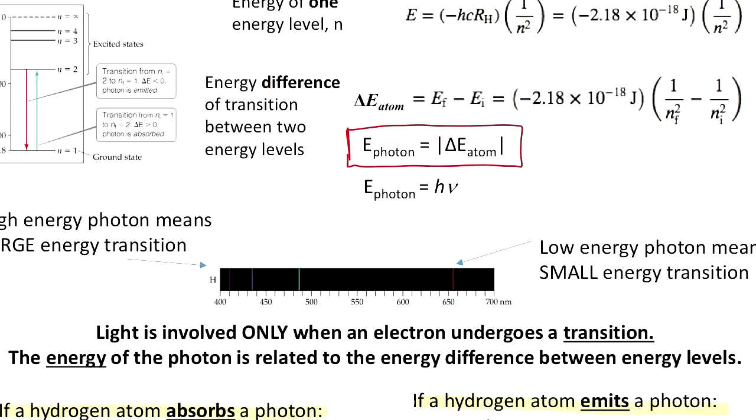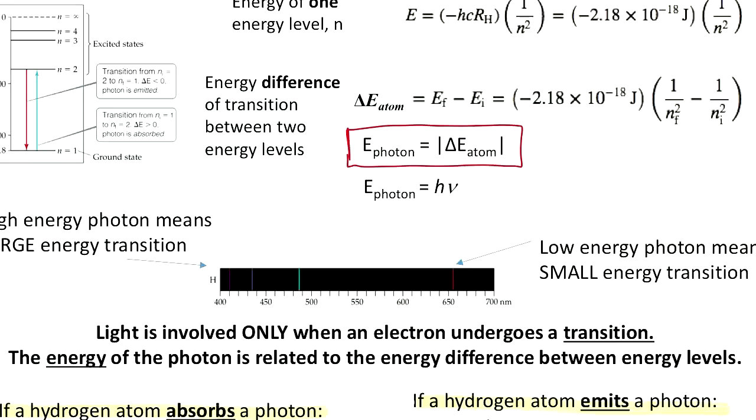So what we see here is that when an electron moves up or down between two energy levels, this energy difference is related to the energy of the photon that is involved with that process, all right? So it's when the electron moves between energy levels, light is involved. Either it's emitted or it's absorbed.